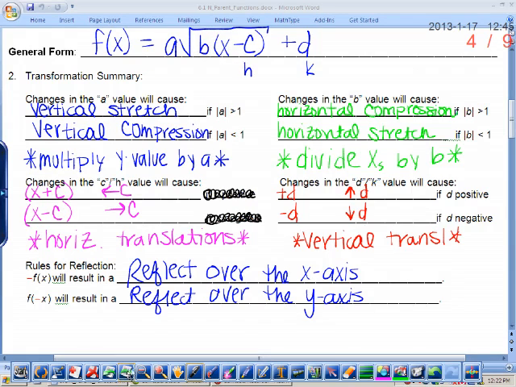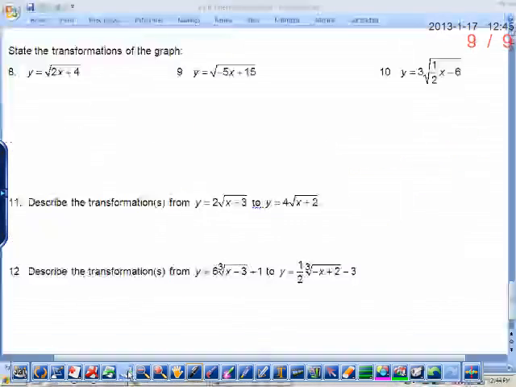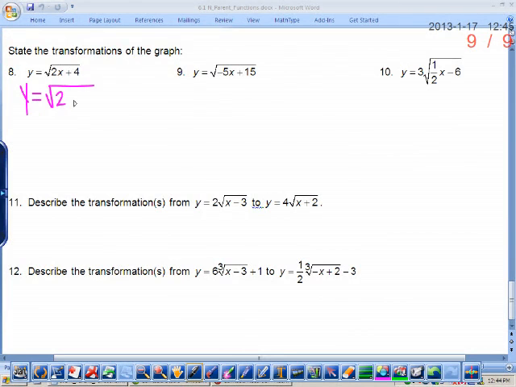All right, so let me show you what I'm talking about. Look at number 8. You've got y equals the square root of 2x plus 4. You have to rewrite this in the form y equals the square root of 2 times the quantity x plus 2.